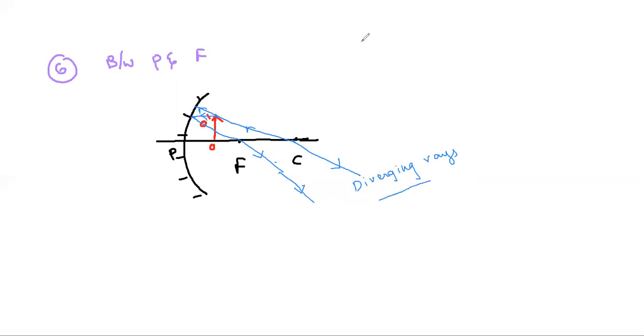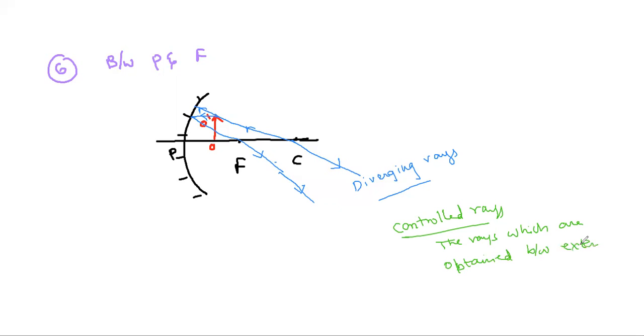So what should you do? You should take the construction rays. How will you get the construction rays? Construction rays are nothing but the rays which are obtained by extending the reflected rays in the opposite direction.